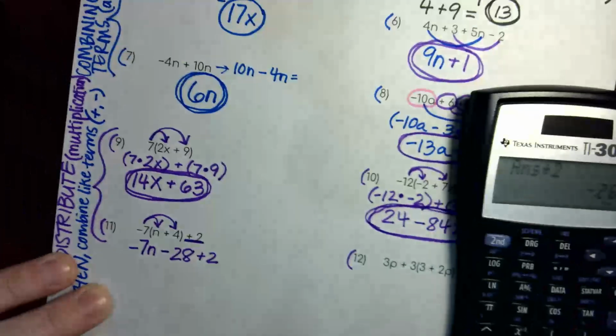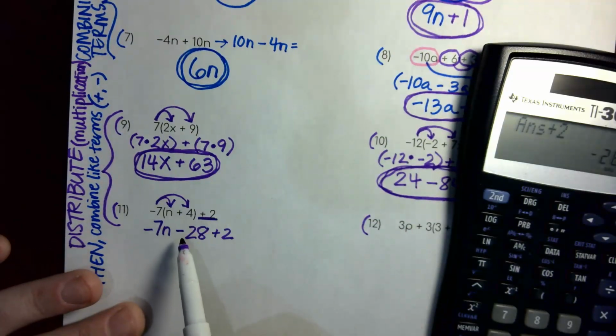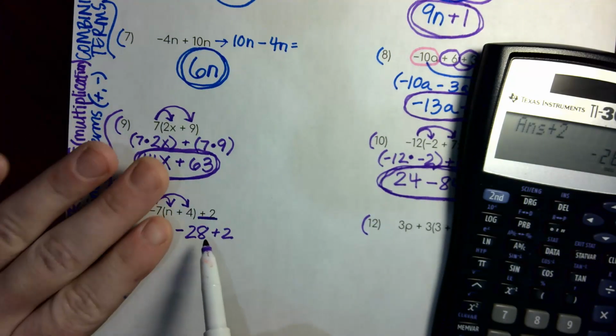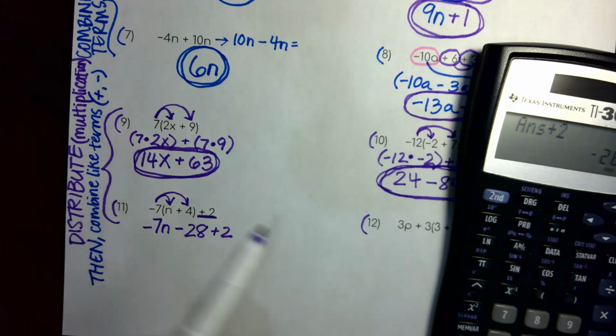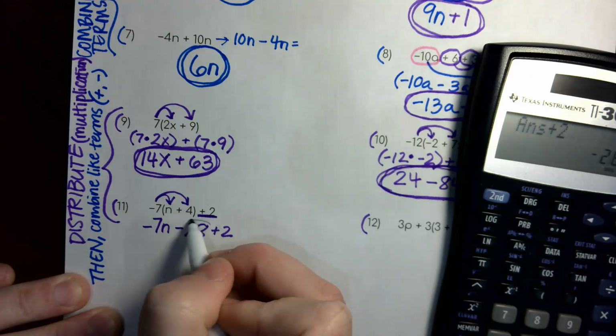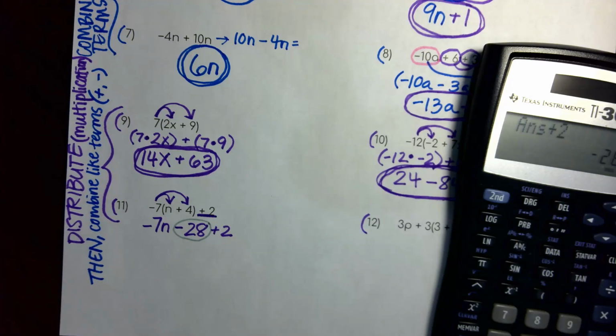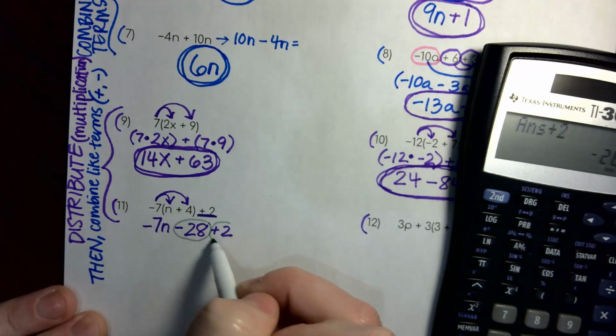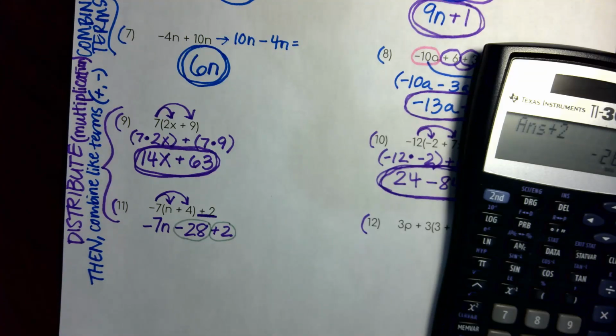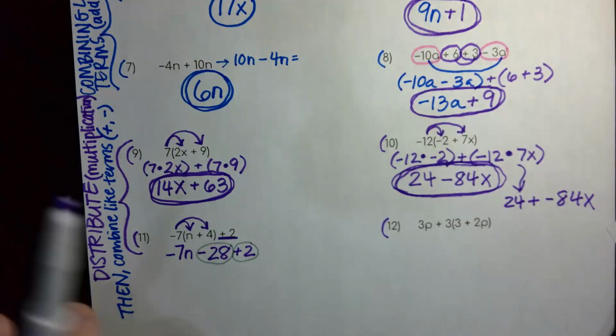Negative 26. We've got to really pay attention to our signs since there's a minus sign right next to 28. Remember, like when we did our bubbles. So if you don't have the same variable, then you don't have to break the problem down. But if you have a negative or a positive, you have to.